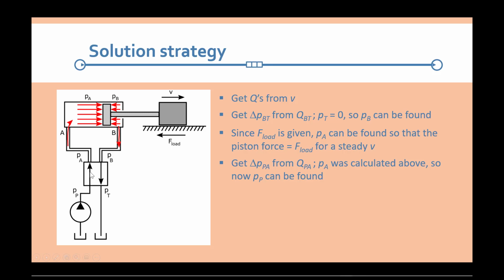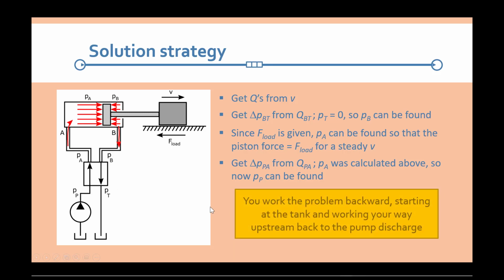We'll have a certain pressure drop across here because of that flow, so we can calculate how much further above PA PP will be for that given flow rate. So you work your way backwards from zero or atmospheric pressure to the highest pressure in your system.